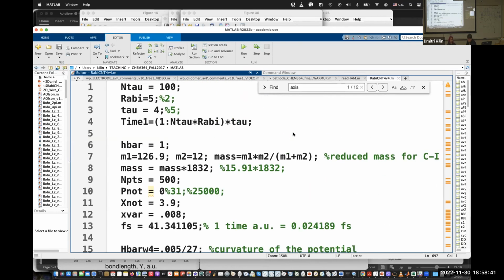I think the most correct way would be to keep the duration of the whole simulation the same. So agree that time one will be like 1000 or 500, and then re-implement this distribution by modifying these values.